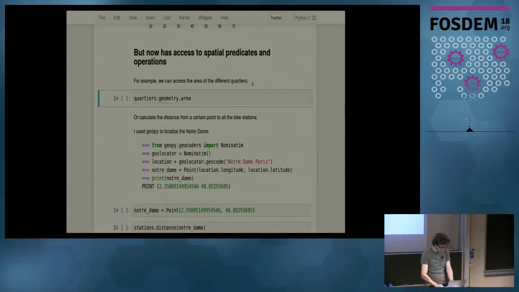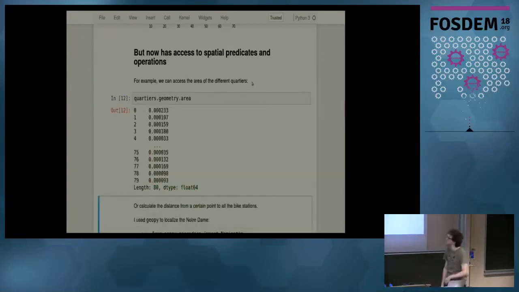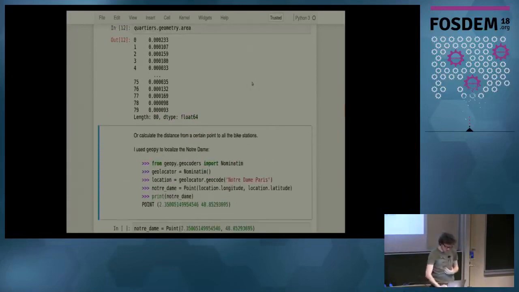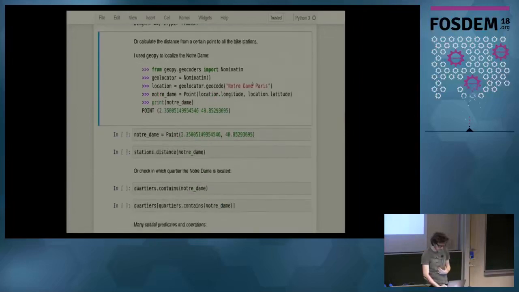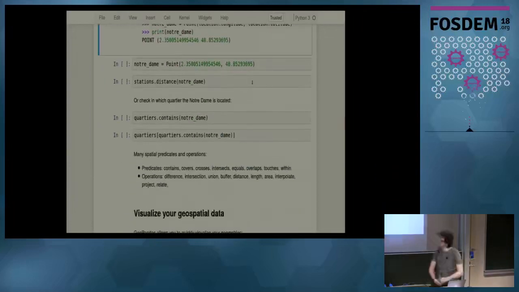For example, I want, for each district, the area. In this case, yeah, it's in latitude, longitude, so the area is not saying that much. Or I could calculate for each station the distance to a single point.